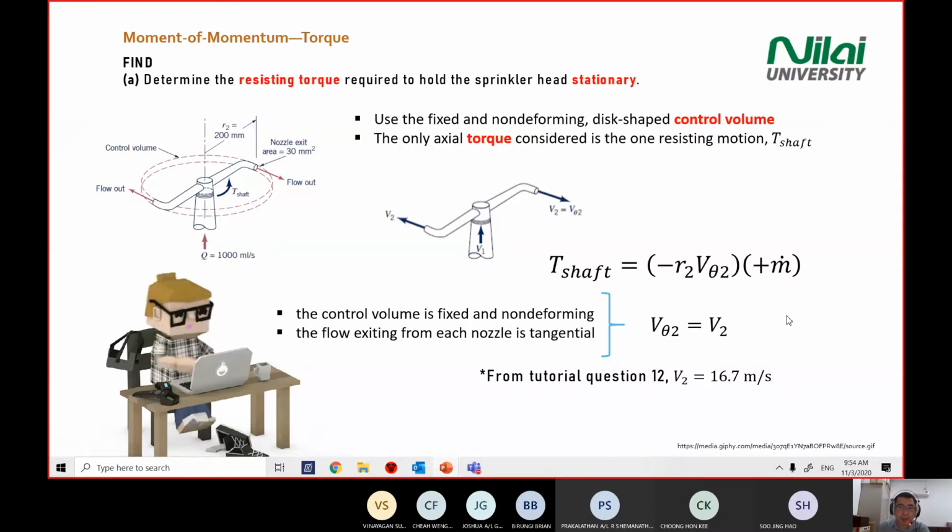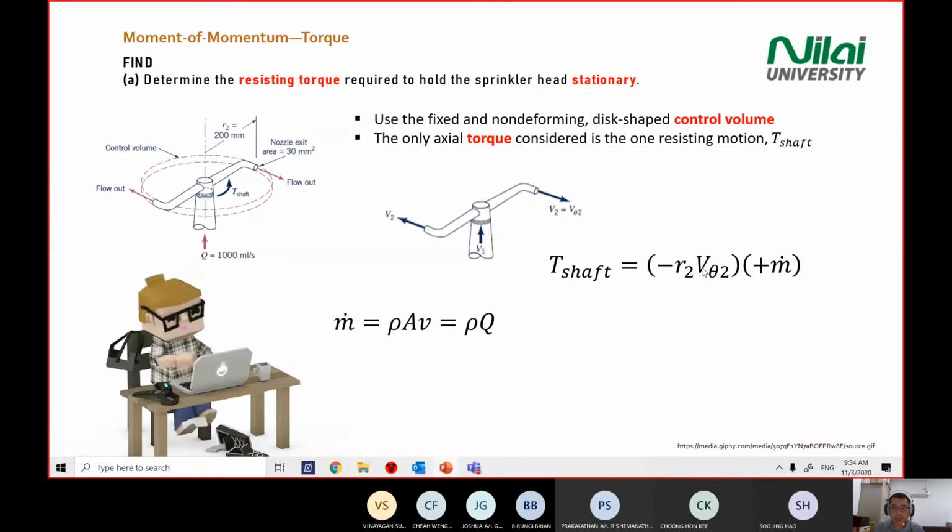In your answer, just make a remark to refer back to question 12 in the tutorial on how you get 16.7 meter per second. The calculation steps are still the same. The answer for V2 is 16.7 meter per second.